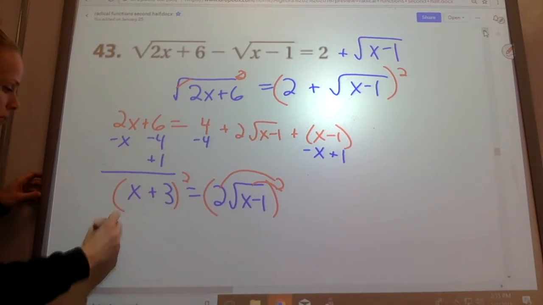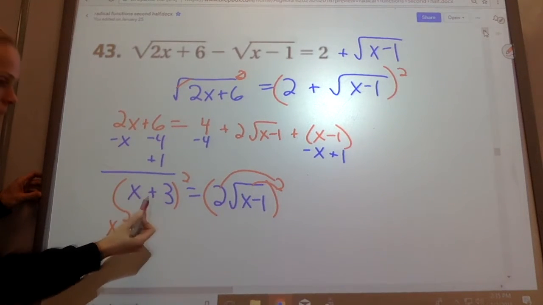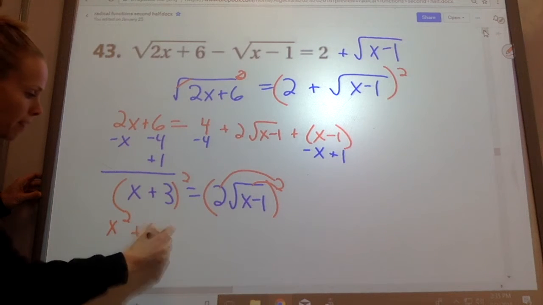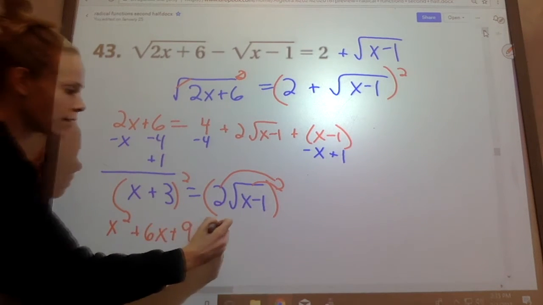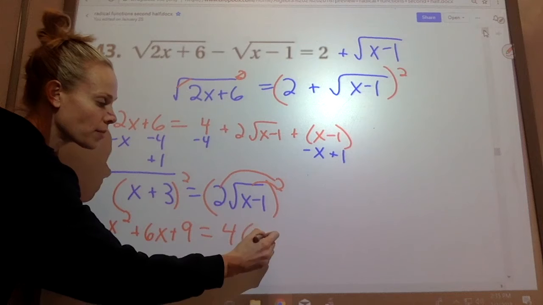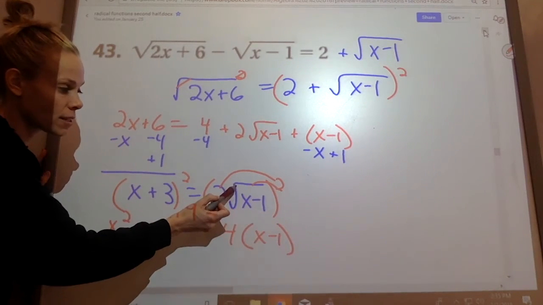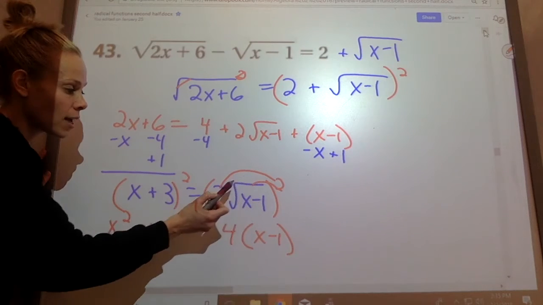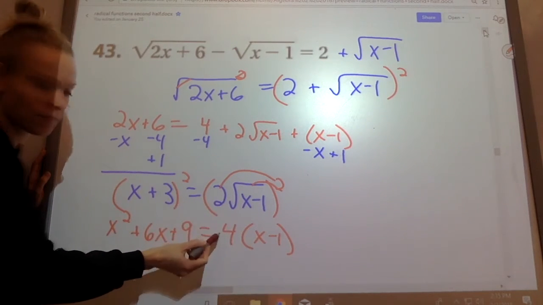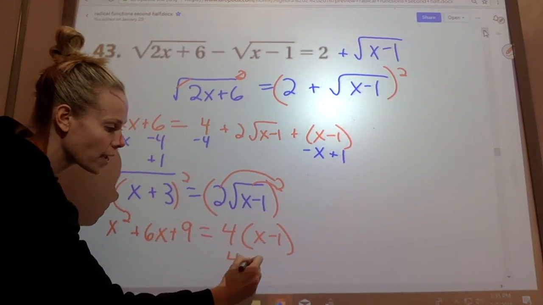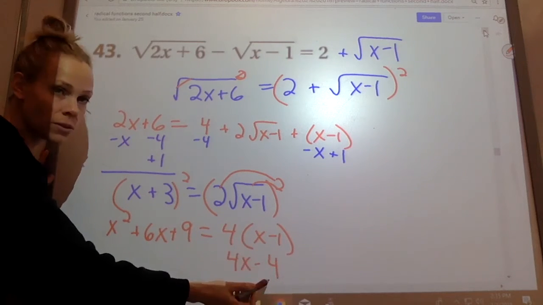I can have x squared, take the first times second times 2, square the last, and then this would become 4 parenthesis x minus 1. Because that square root is going to get rid of that, right? And that's going to become a 4. So this becomes 4x minus 4 if I distribute.